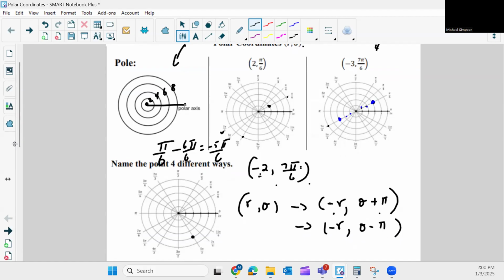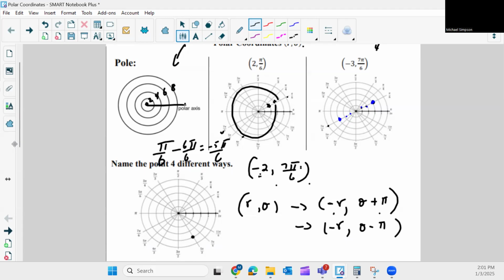That's right here. Okay. We know, right, if I go 1 revolution around the circle, I'm back at the same point, right? So if I add 2 pi to the angle, I'm back at the same angle. So here, the R value is going to stay the same.